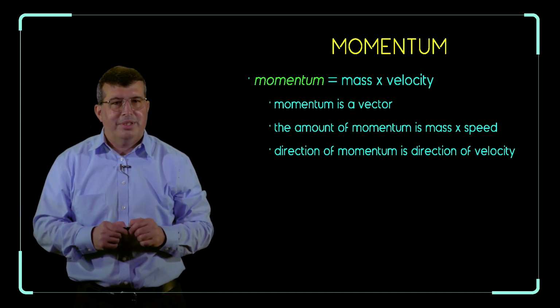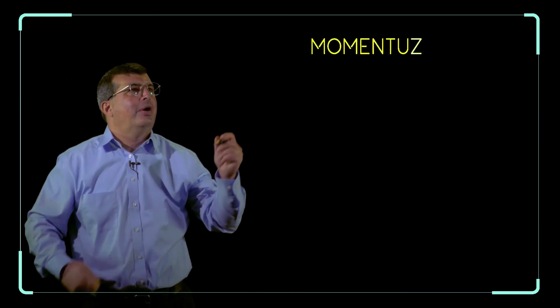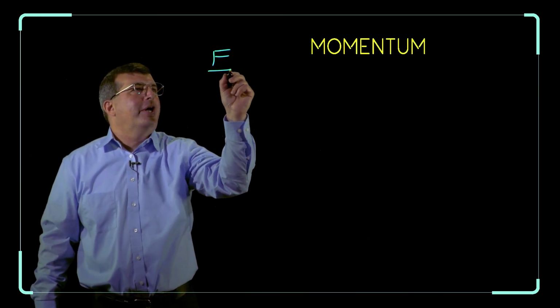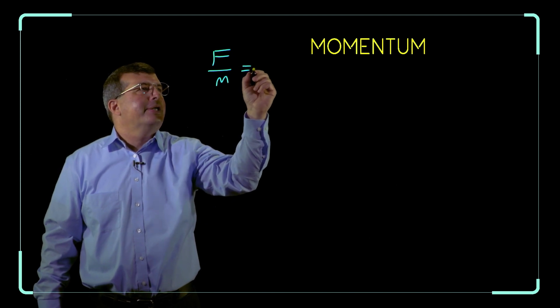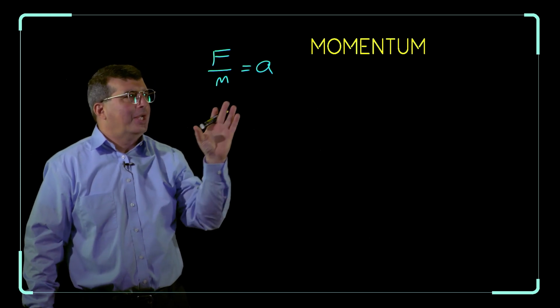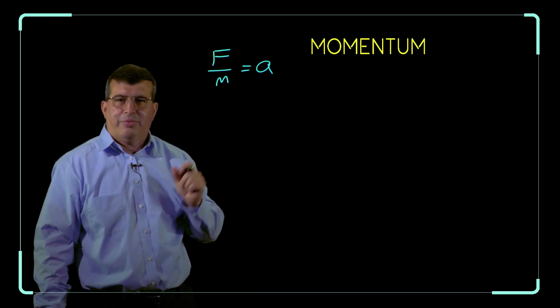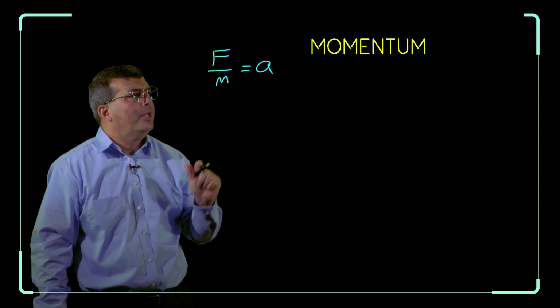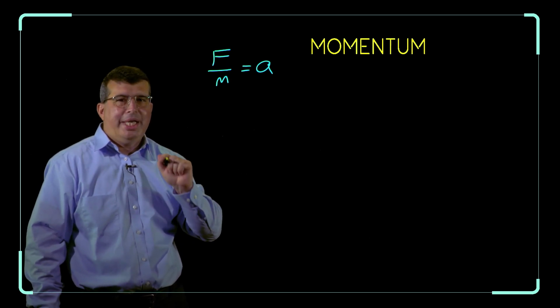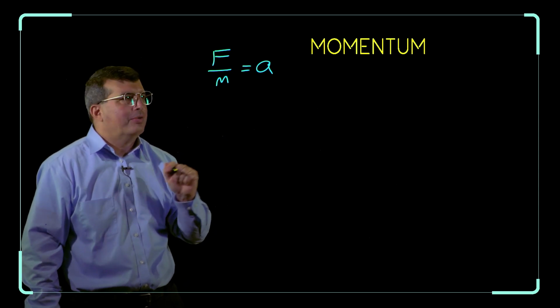Now, to see the significance of momentum, we're going to go back to Newton's second law. I'm going to write Newton's second law as the unbalanced force divided by the mass is equal to the object's acceleration. That's Newton's second law, where I've just reversed the left and right-hand sides. Next, I'm going to write acceleration as change in speed over change in time.